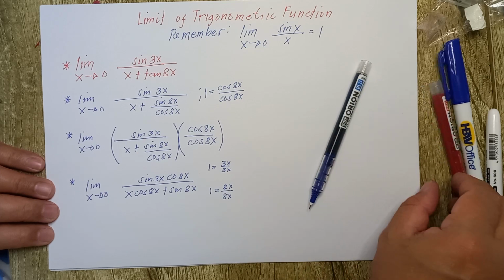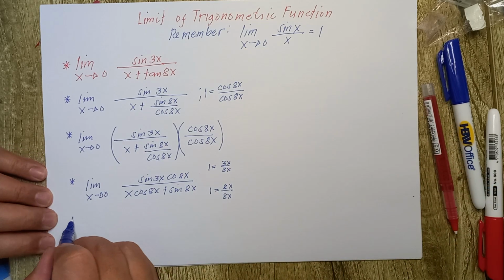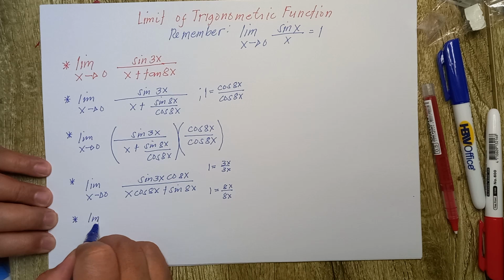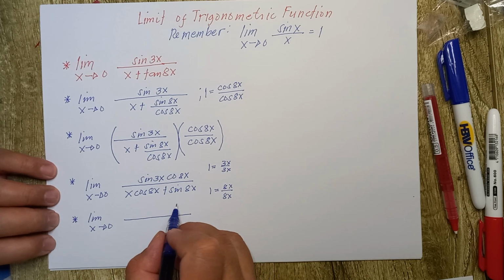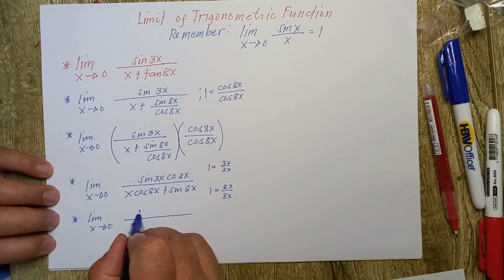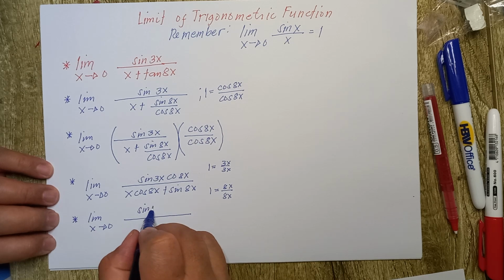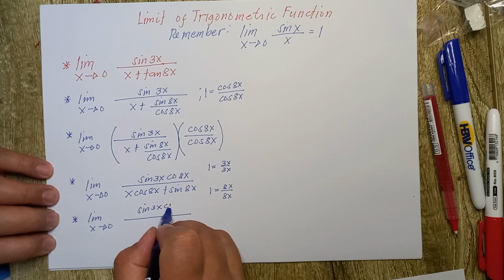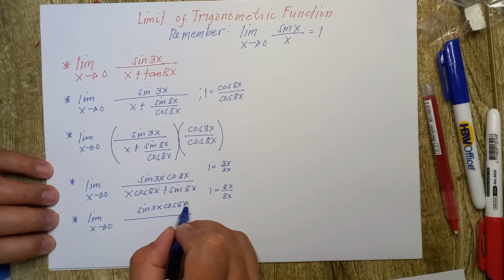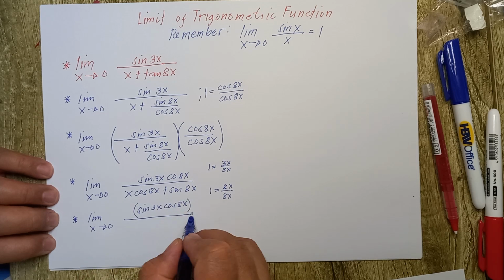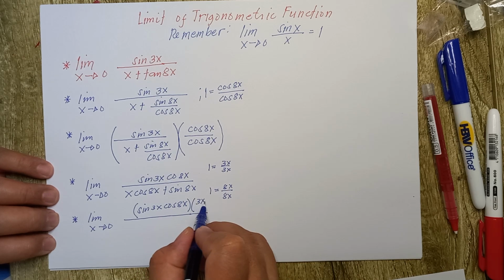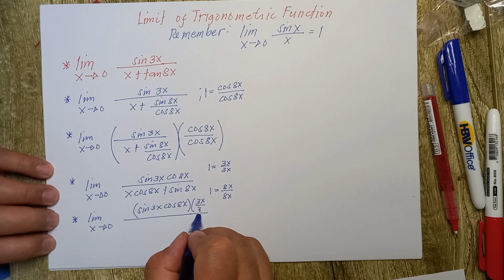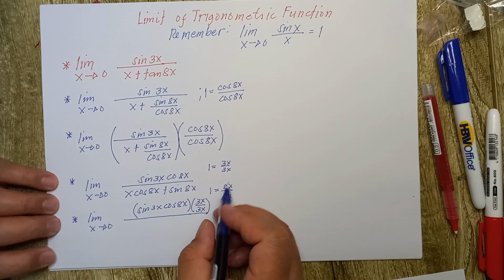And so with that, we can have now a statement saying the limit as x is approaching 0 of sine 3x cosine 8x, which can be multiplied with what? 3x over 3x. And what about this one?